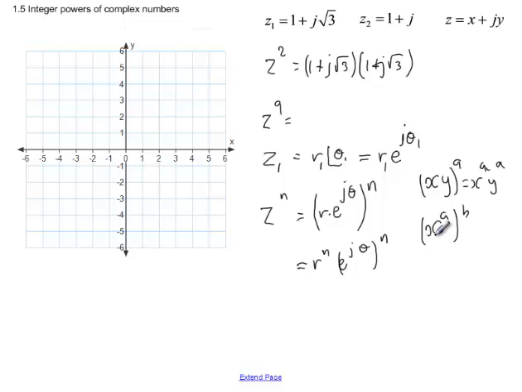Our x is actually our e, the natural base logarithm. Then you get this thing as x to the power ab. So what's going to happen here? This is r to the power n, e to the power j n theta. I could have written n j theta, but multiplication does not care about the order of the factors, so I'm writing it like that.